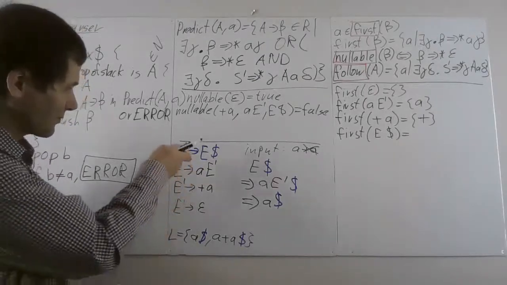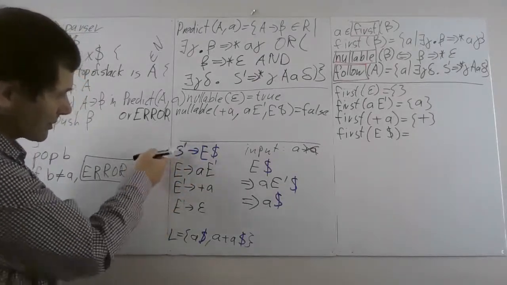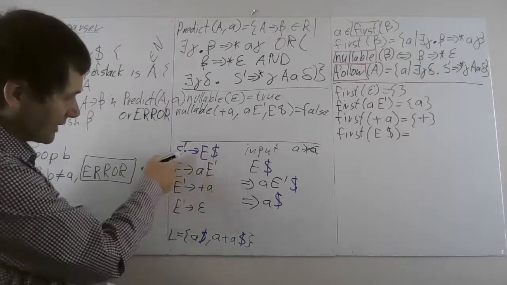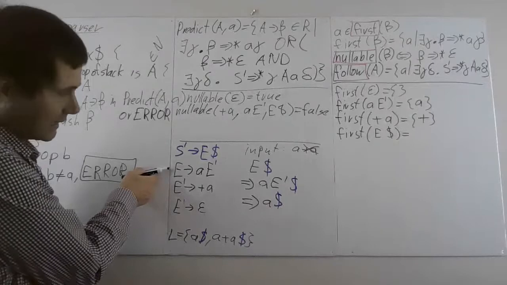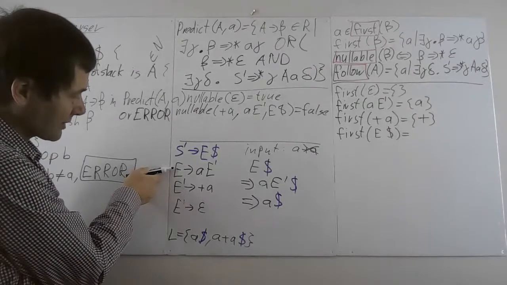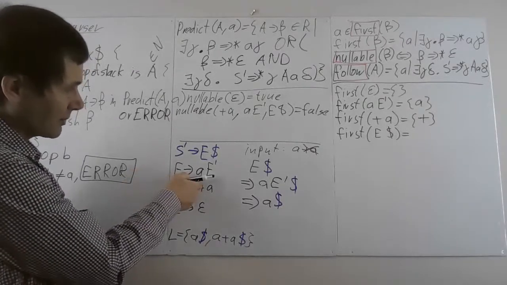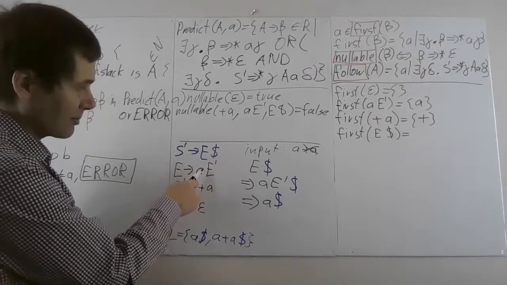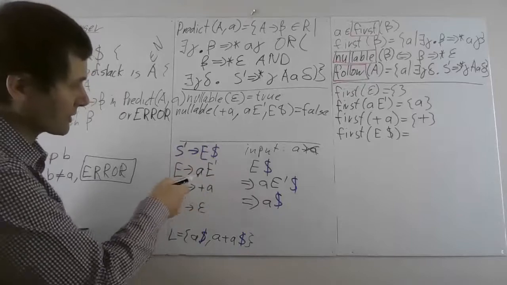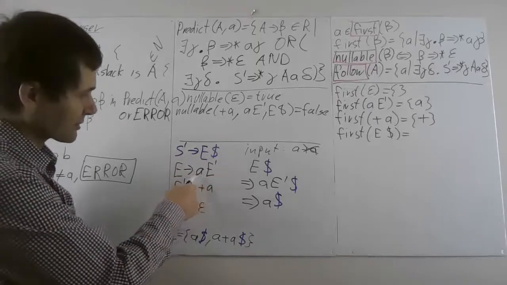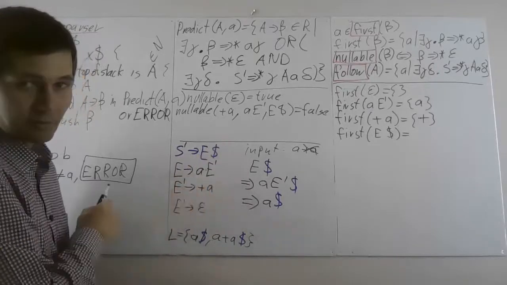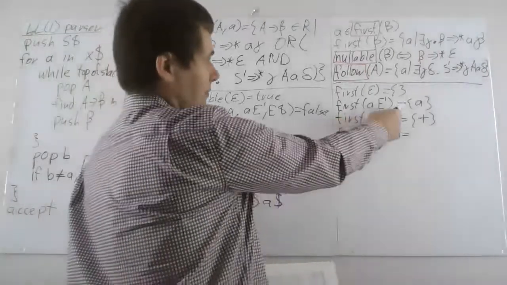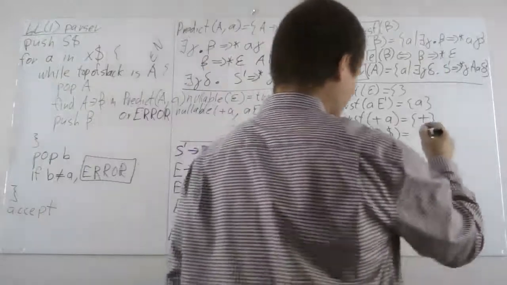For that, I'd need to look through my grammar at all the rules that expand E. In this case, there's only one, and it's a rule that expands E to AE prime. And then I would look at the first set of AE prime. If there were more rules expanding E, I would look at the first sets of all of their right-hand sides. All right, so in this case, the first set of AE prime is A.